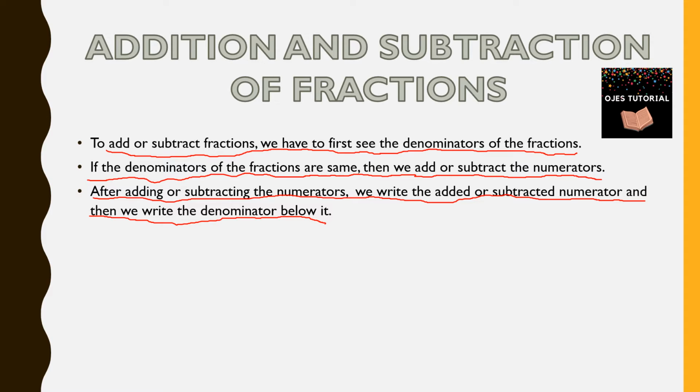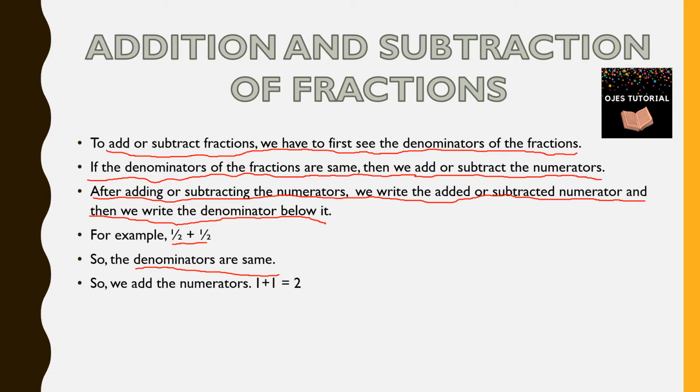So I will make you understand with an example. For example, we have to add the fractions 1 upon 2 plus 1 upon 2. As you can see, the denominators are same. Here in 1 upon 2 and 1 upon 2, both denominators are 2.